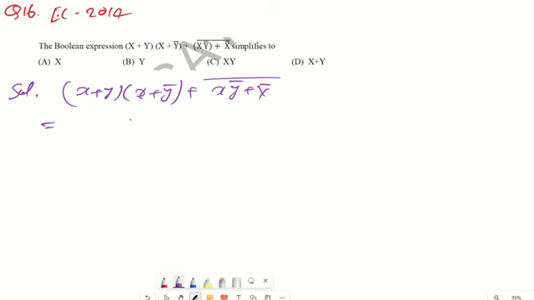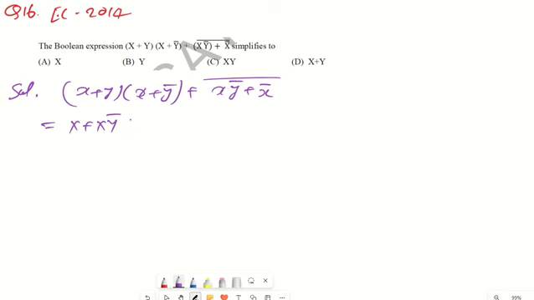So x into x is x actually, so I'll write all as capital X and Y. I can write it down as x plus xy', and y into y' is going to be 0.